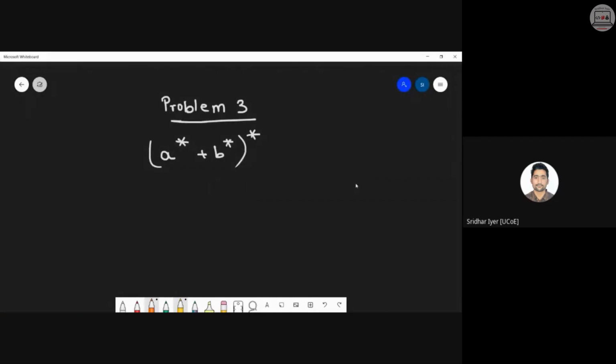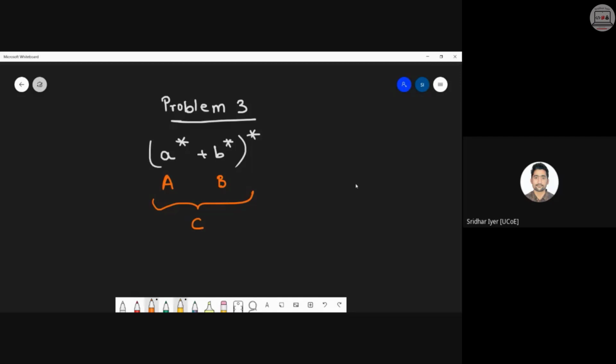Okay. This is an interesting question. Try to do it on your own first. It is (A closure plus B closure) ka whole closure. Very interesting question. We have three sections, we can say. This can be your A part, this can be your B part, and the entire thing as your C. So it's basically up to you how you want to divide your main regular expression into subsequent regular expressions.